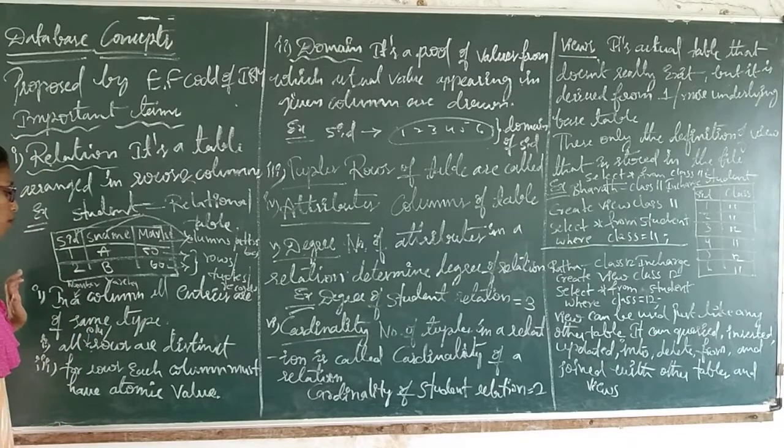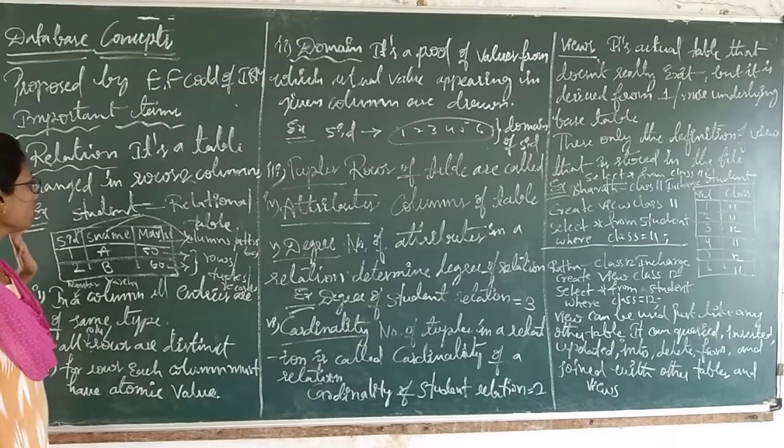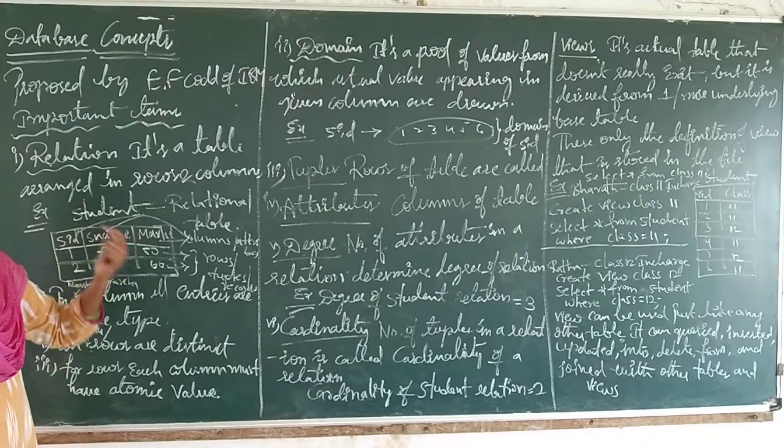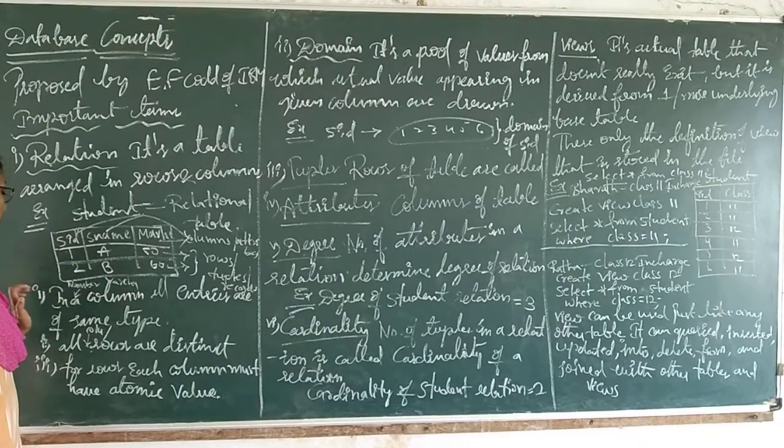Here we have some points of this relational table, with the help of which we can identify a relational table. The first point: in a column all entries are of the same type.